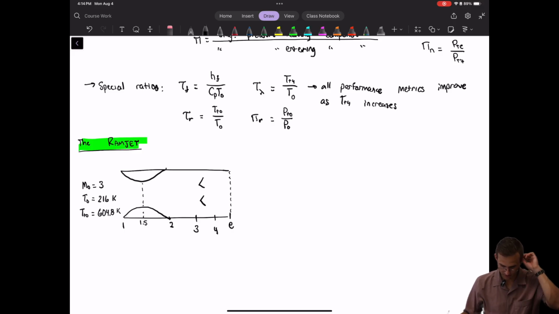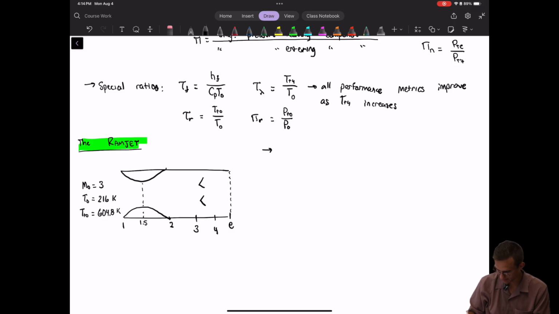Okay, so what we're going to do is add heat such that we just get to the point where the Mach number at station 4 is just about touching Mach 1.